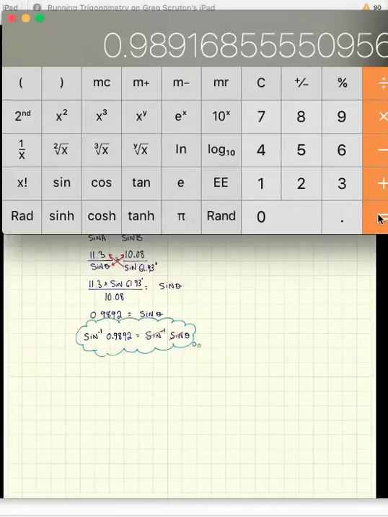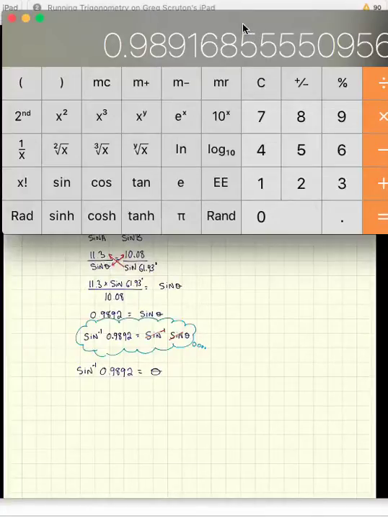You don't actually have to write this step out, but you do have to write the next step, which is kind of important. So you get the inverse sine of 0.9892 is equal to theta.